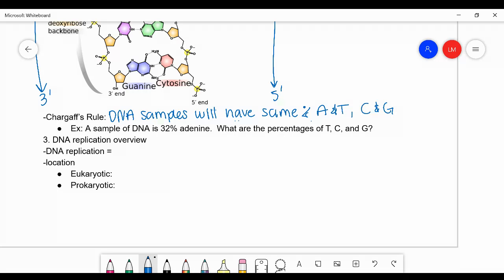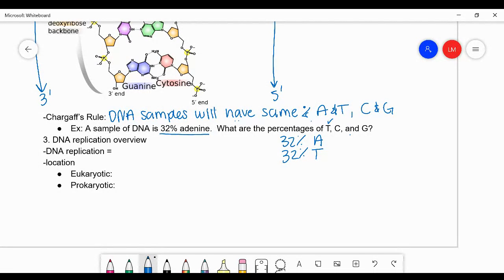So let's look at an example problem here. Let's say that we have a sample of DNA that is 32% adenine. What I know is that that same sample, so let me make a note, we have 32% A. That also means I have 32% of thymine as well. So that's one thing, check that off. And so then how do I figure out how much C and G are left?